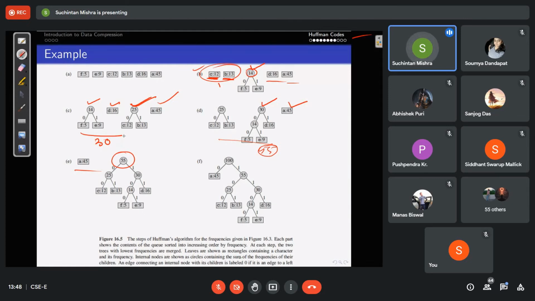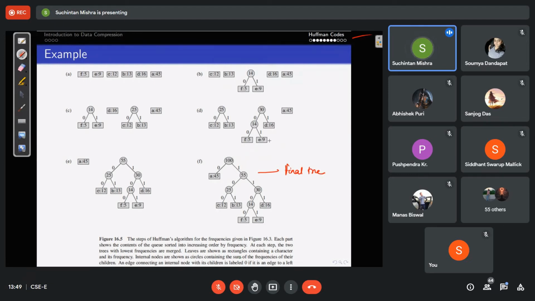Now these two will be combined to form the final node whose value is 100. 45 plus 55 is equal to 100. For 100, the left child will be A and the right child will be 55. Then the subtree of 55 will be there as it is. If you look here, this is the final tree that we will get.